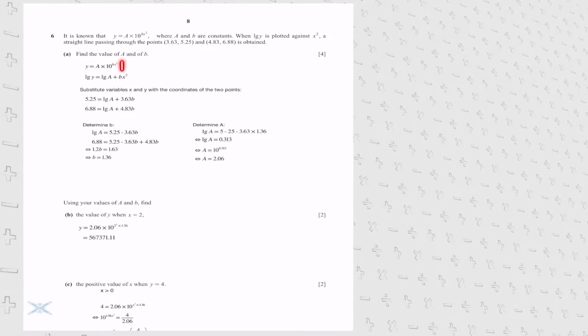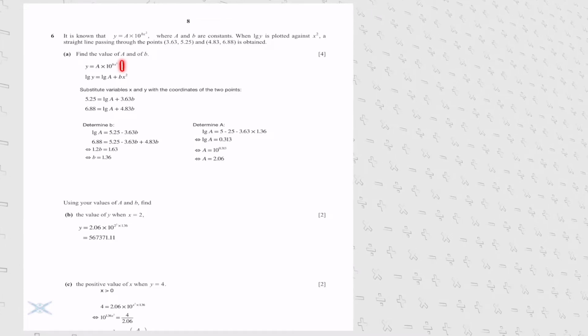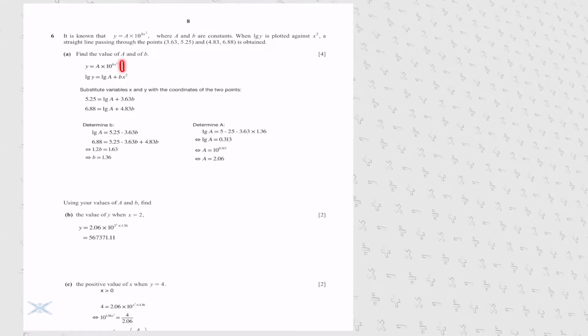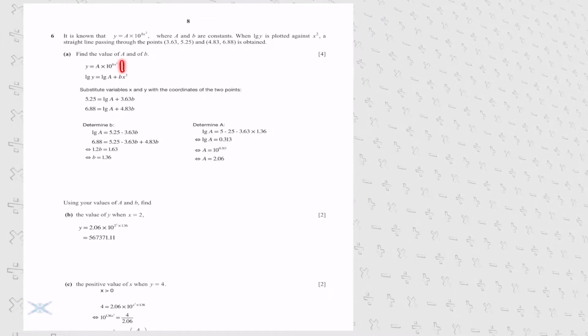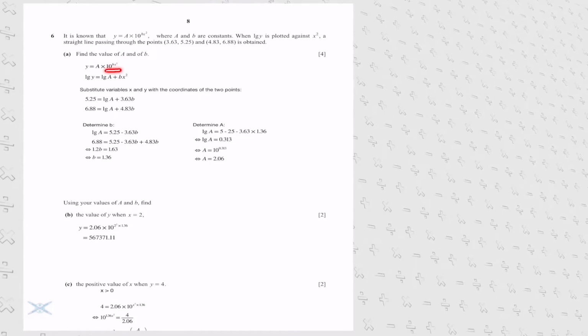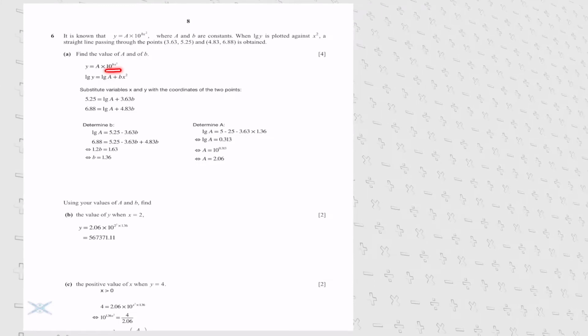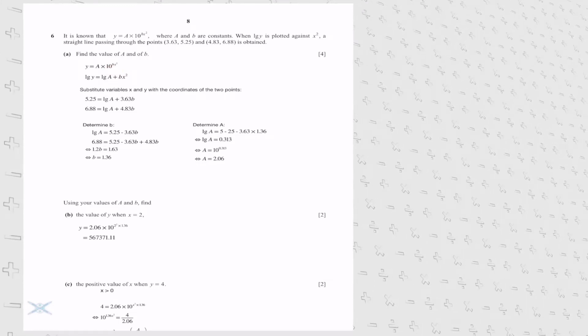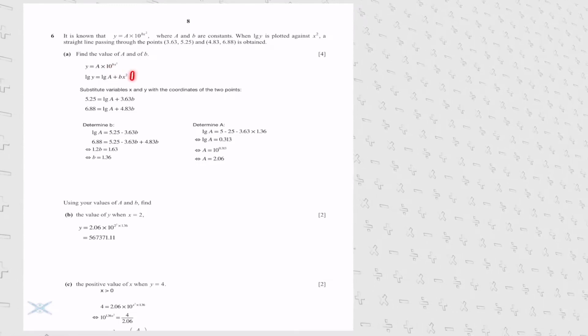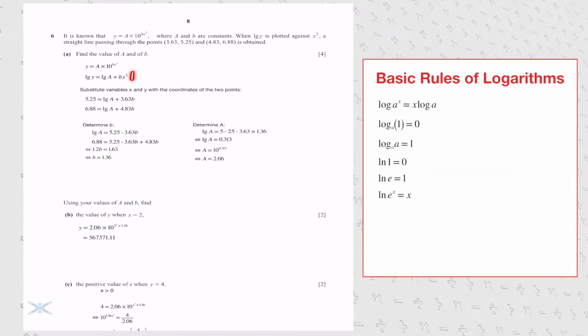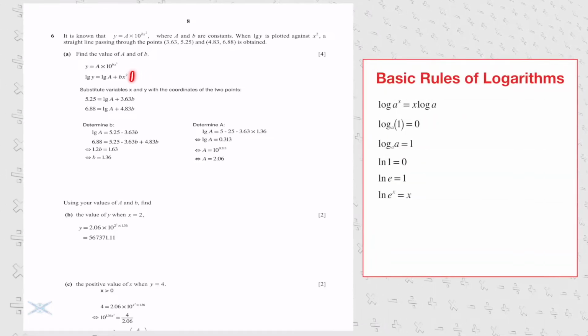Solving this equation entails the application of the basic laws of logarithms, since we are dealing with an exponential function. Since our base here is 10, it is best to solve this equation using logarithms with base 10. Thereafter, we receive the expression that the logarithm of y with base 10 equals the logarithm of a with base 10 plus bx squared.